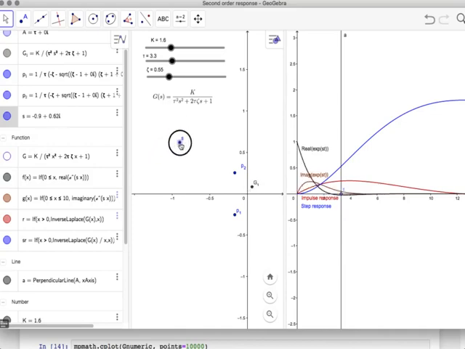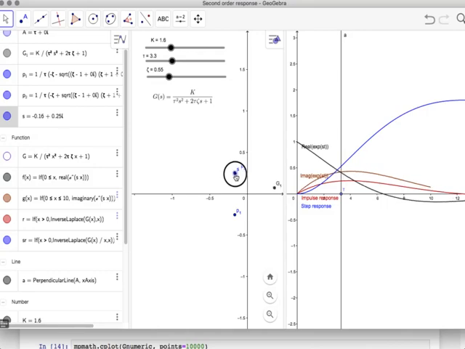So notice that when the S is on the pole, the shape of the imaginary part very closely resembles the actual impulse response.